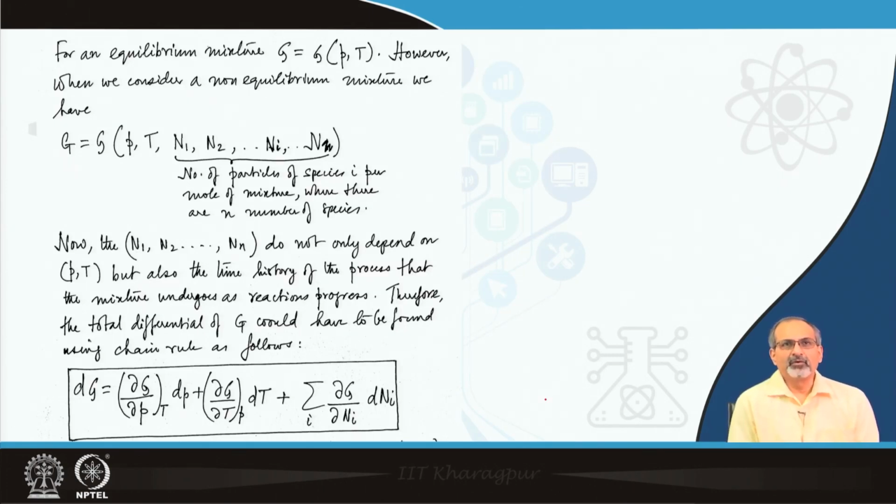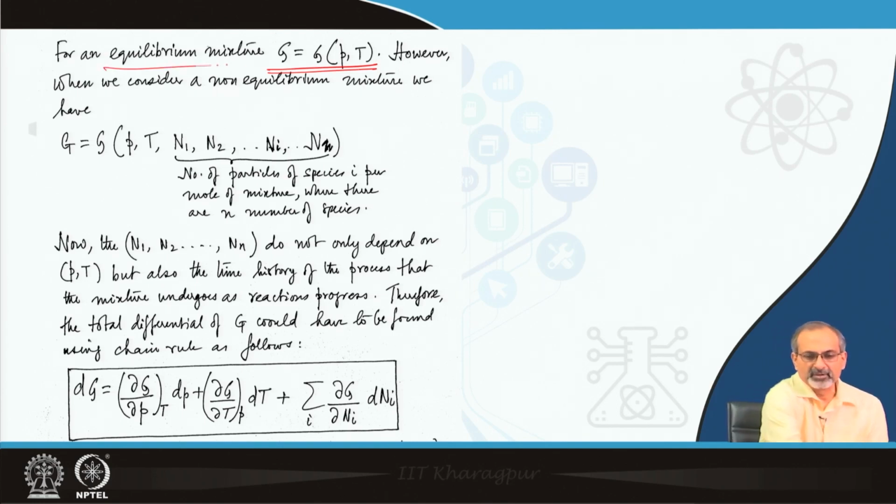and before we move on, we try to understand that G can be expressed in terms of two independent thermodynamic properties P and T if it is an equilibrium mixture. However, when we consider a non-equilibrium mixture, it cannot be expressed functionally anymore like that.